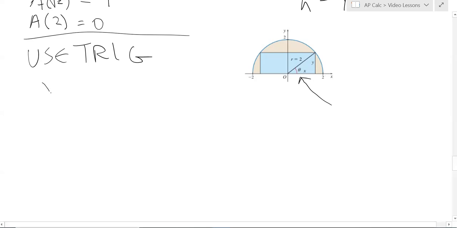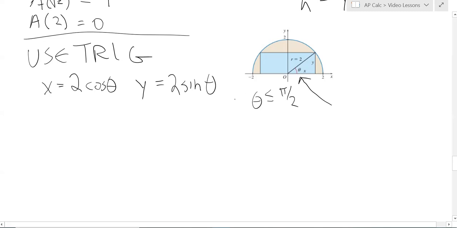Then x equals 2 cosine theta and y equals 2 sine theta, where theta is going to be between 0 and pi over 2. Okay, because the theta has to be in that first quadrant.